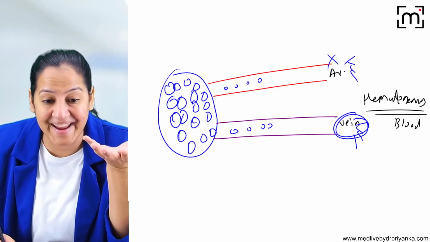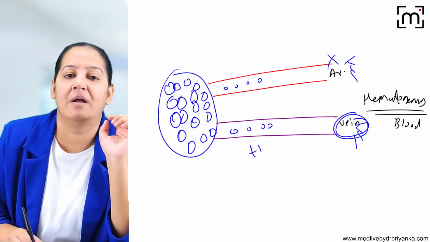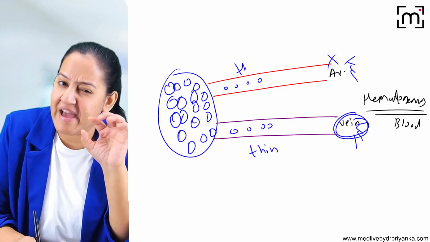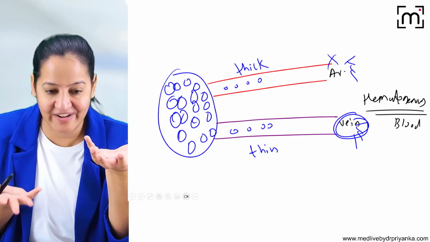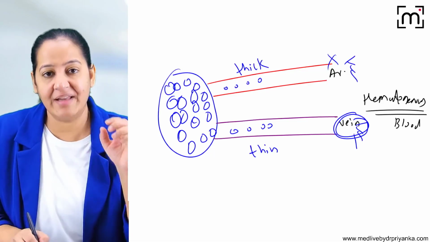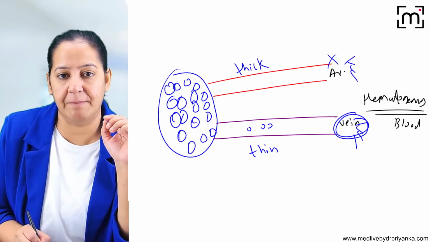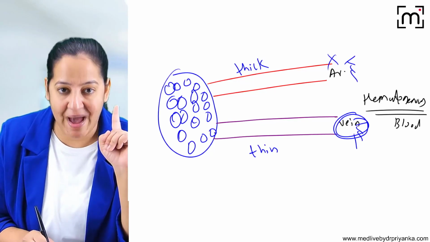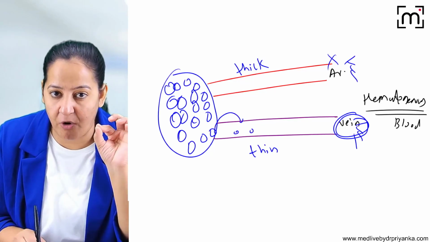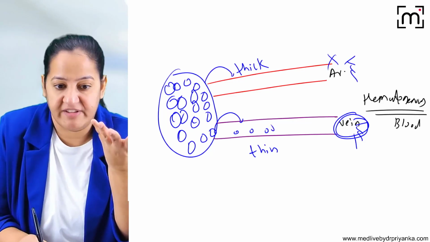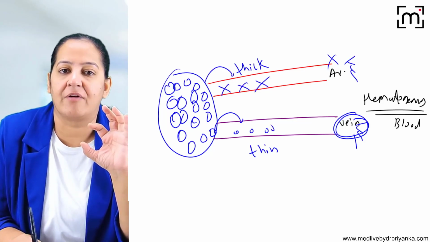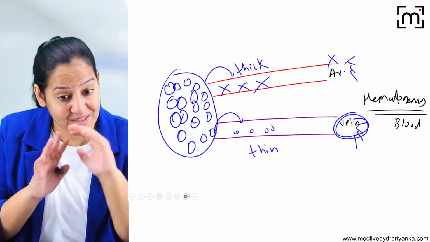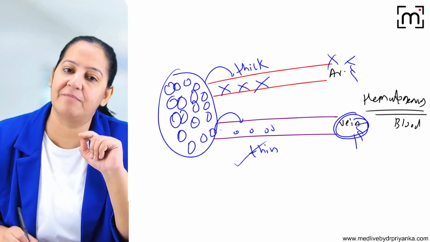The answer is vein. Why? Because veins have a thin wall. Arteries have a very thick wall. I guess every student knows that. So when the tumor cells want to penetrate from the main tumor, what is easier for the tumor cell: to penetrate the vein, which has a thin wall, or the artery, which has a thick wall? Tumor cells don't penetrate the artery because the resistance is more due to the thick wall, but they penetrate the vein more easily.